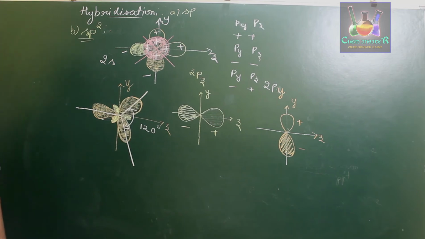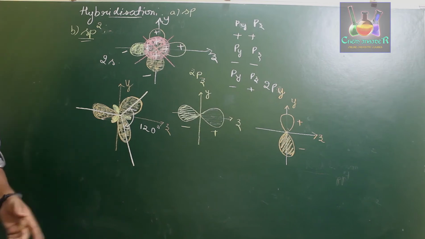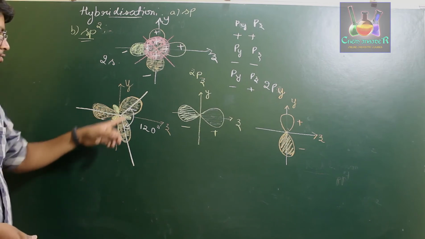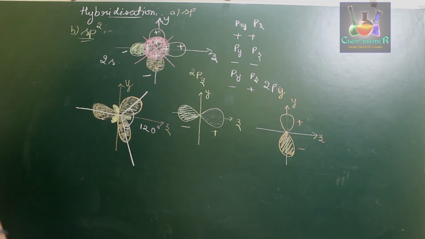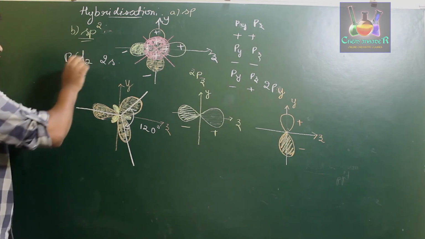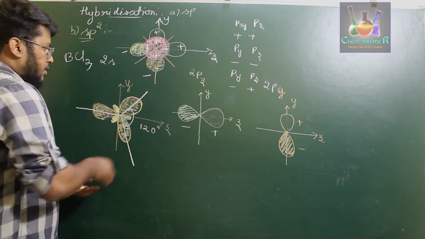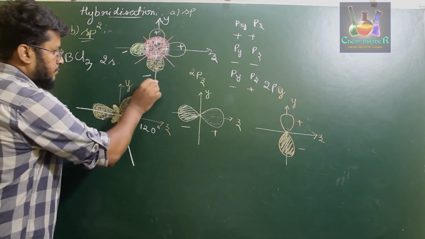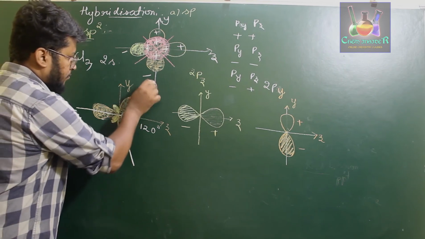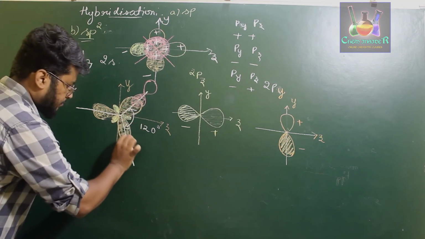Okay, because 120 degrees is the maximum angle at which they form minimum repulsion and maximum distance from one another. So the bond angle of these three lobes will be 120 degrees, and for the compound boron trichloride, the chlorine's p orbitals will align themselves along this particular axis to form the BCl3 compound.